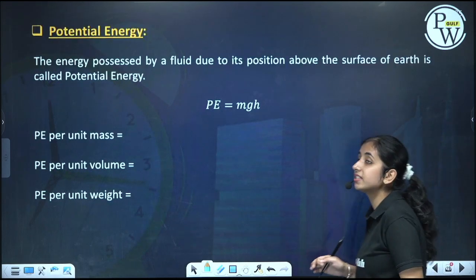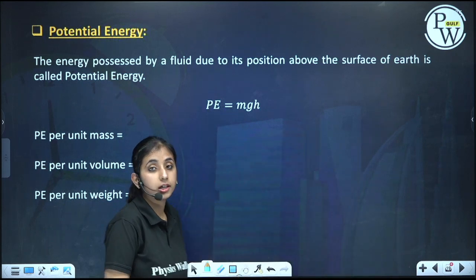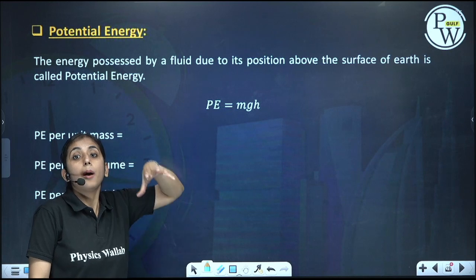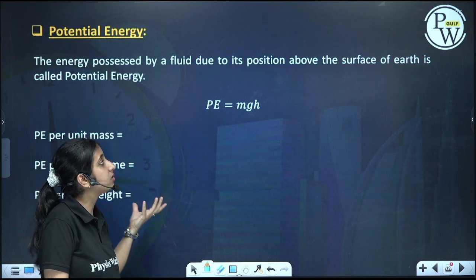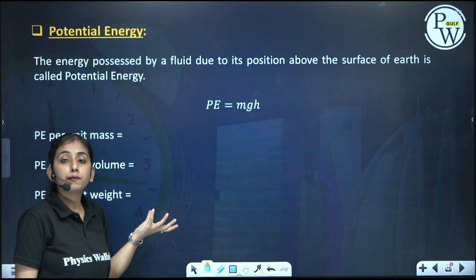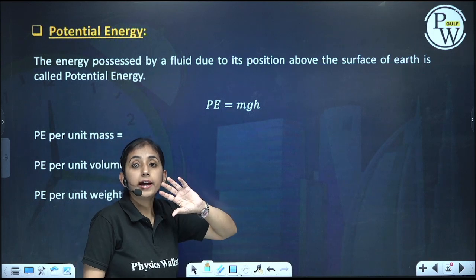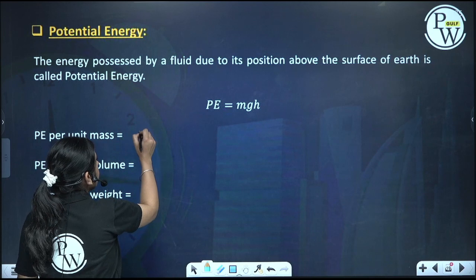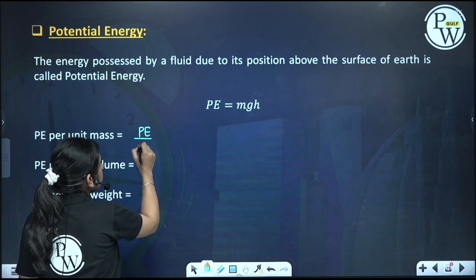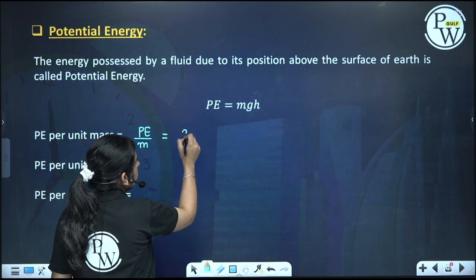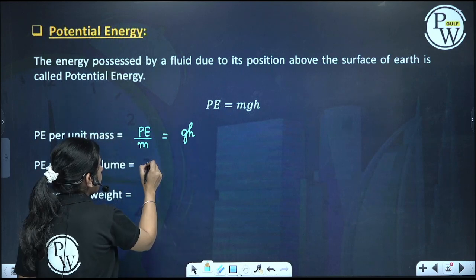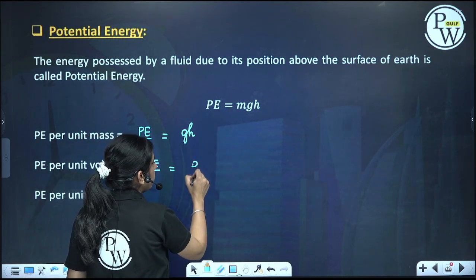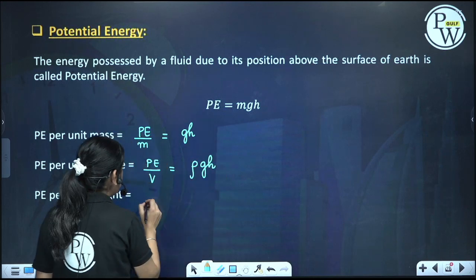Next energy possessed by the fluid is potential energy. So the energy which the fluid gets due to its position above the surface of earth, that is called potential energy. If m mass of fluid is present at a height h, potential energy will be mgh. Okay, if we want to calculate potential energy per unit mass, it will be g into h. If we want to calculate potential energy per unit volume, mass by volume will become density, it will be rho gh.